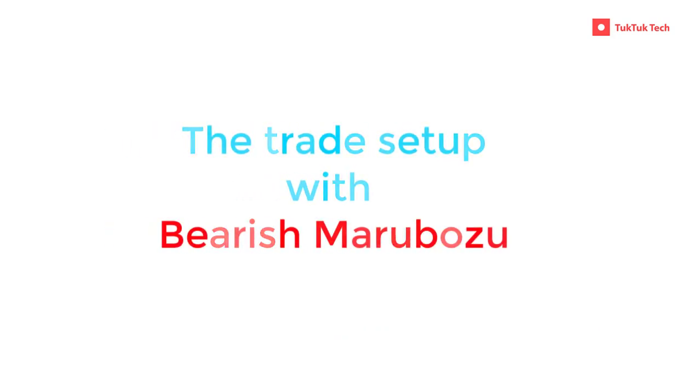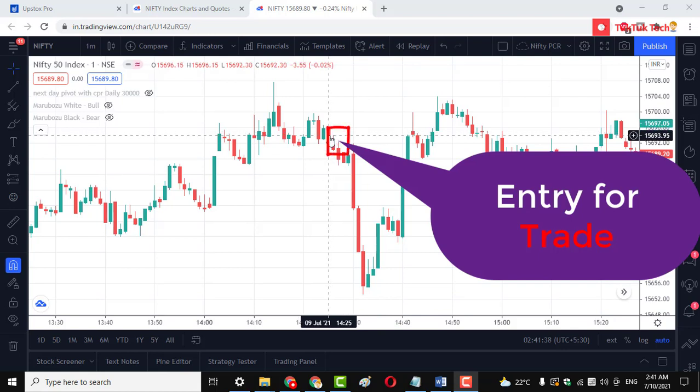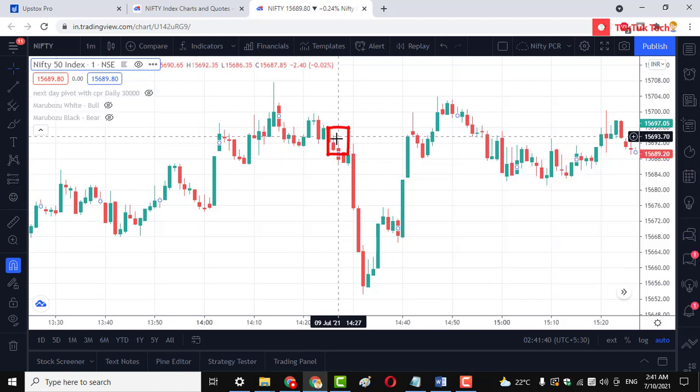The trade setup with bearish Marubozu. Bearish Marubozu indicates that there is so much selling pressure in the stock. The buying price should be around the closing price of the Marubozu, or at the opening of next candle.